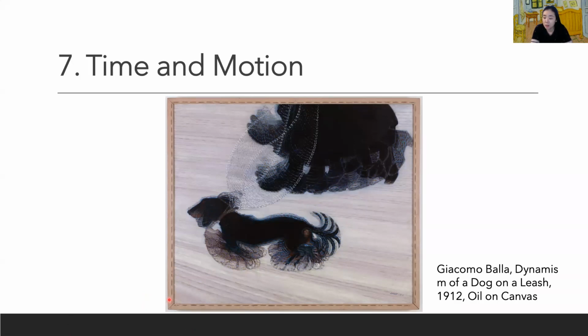The artist tried to record all of the time and motion of a certain moment in one frame. So we can see a dog and a person walking in this painting. So that is implied motion.